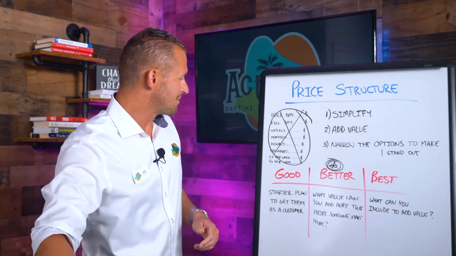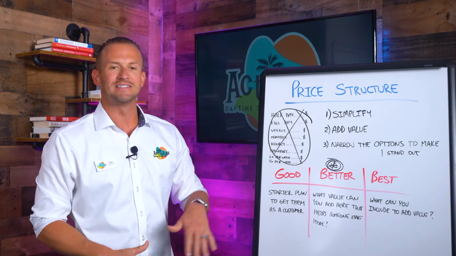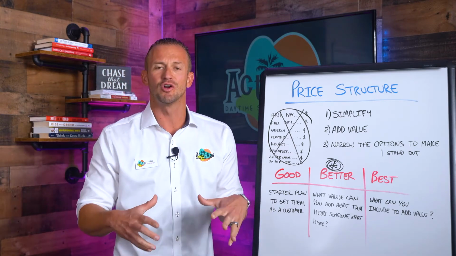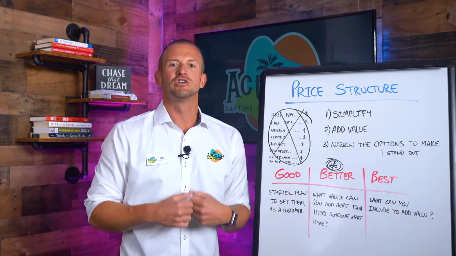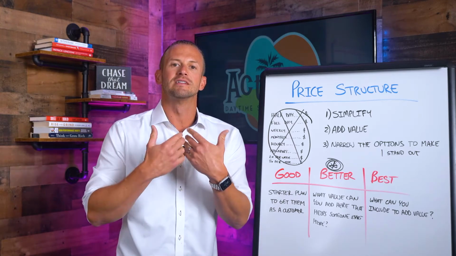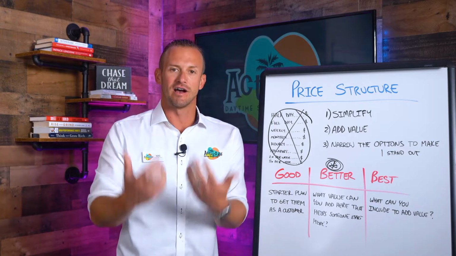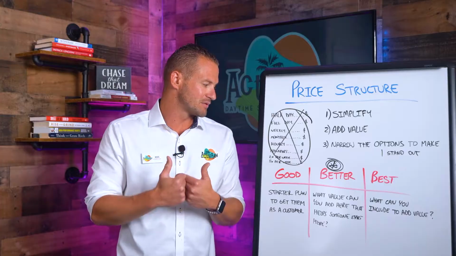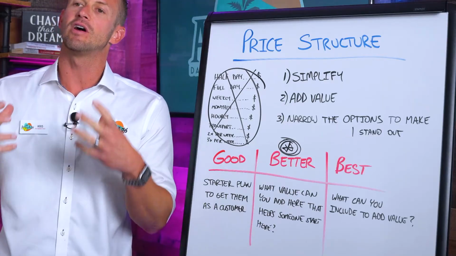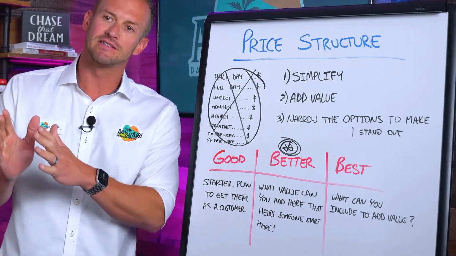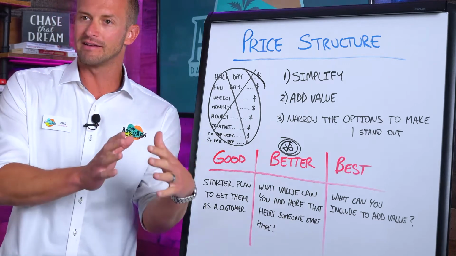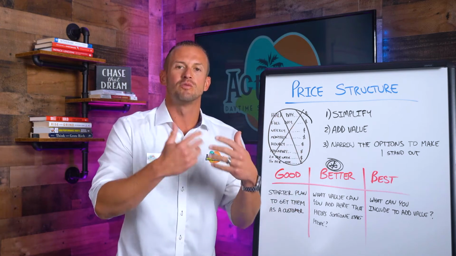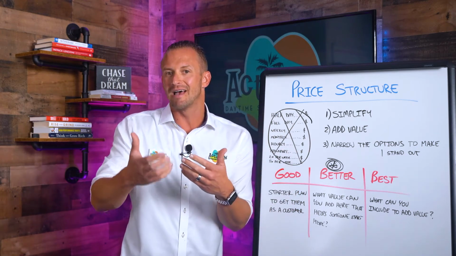So the idea behind the whole good, better, best is that the good is almost your starting point. Someone's unsure, they don't want to make a big commitment, and you want to get them in the door and solidify the relationship as a customer, so you have a good option for them. Not only does the good option serve as a starting point for people, but it also serves as a comparison for why another plan, such as the better or the best one, might be so much better, because it has so many more things and it's really not that much more expensive.